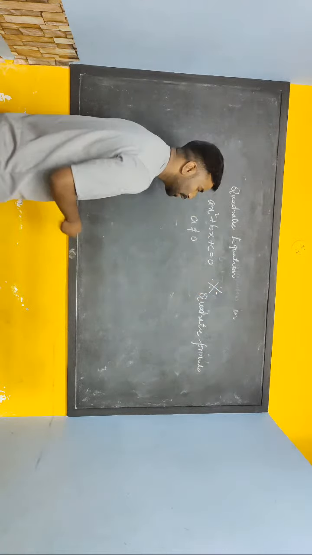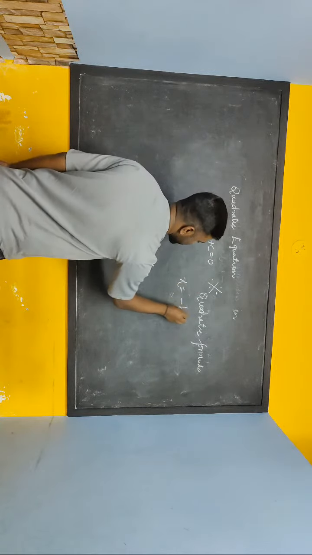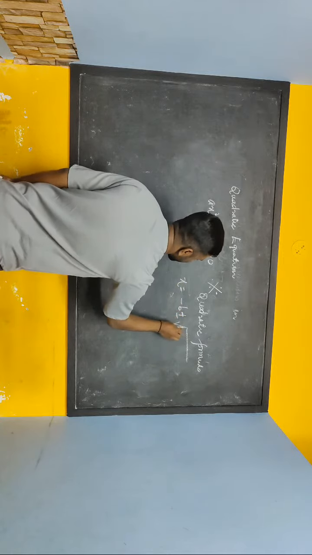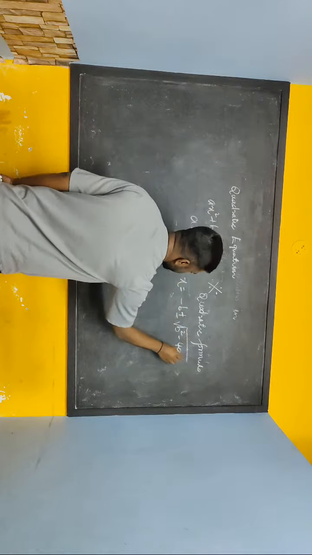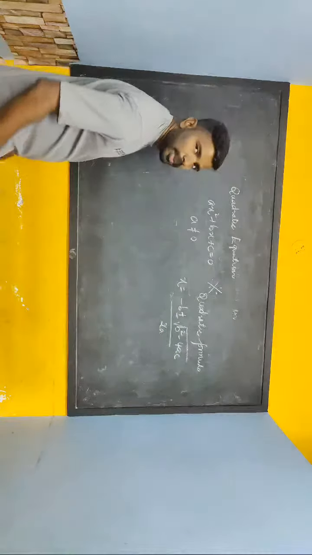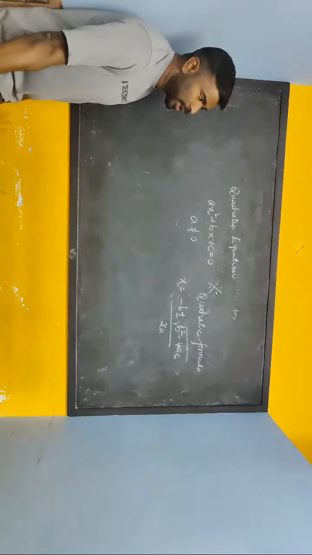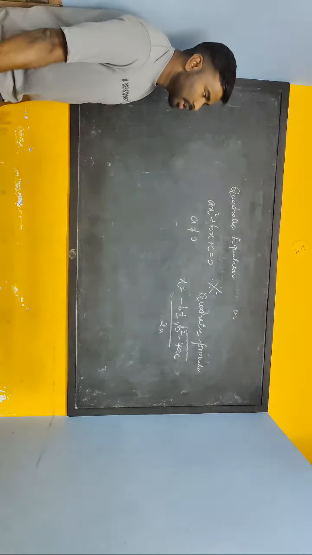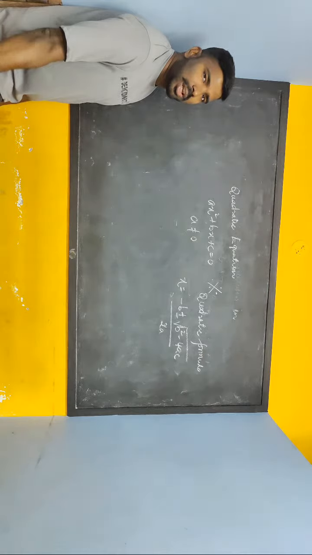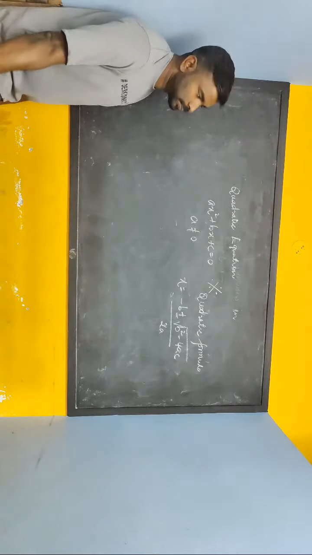You can solve a quadratic equation by the quadratic formula x equals minus b plus or minus square root of b square minus 4ac, by 2a. Repeat the formula: x equals minus b plus or minus square root of b square minus 4ac by 2a.